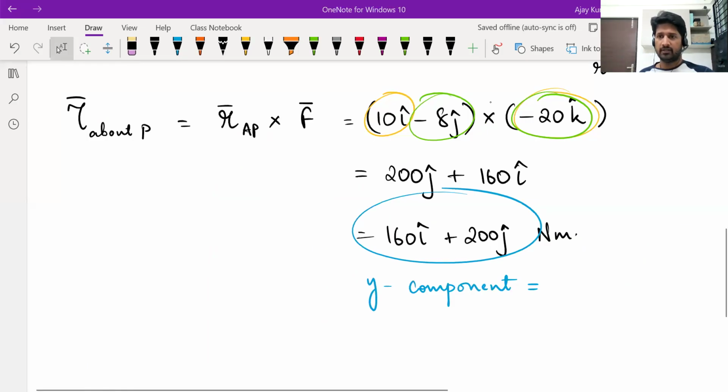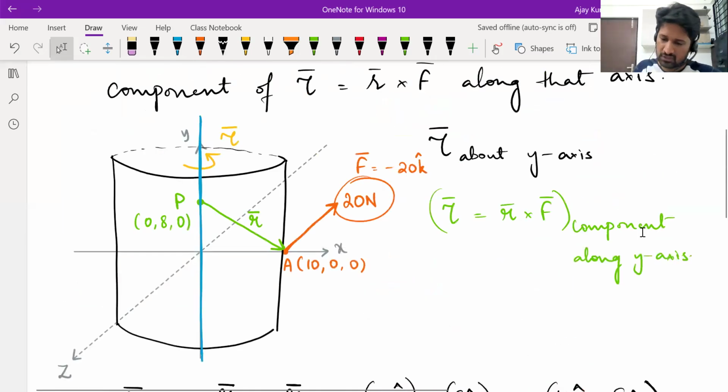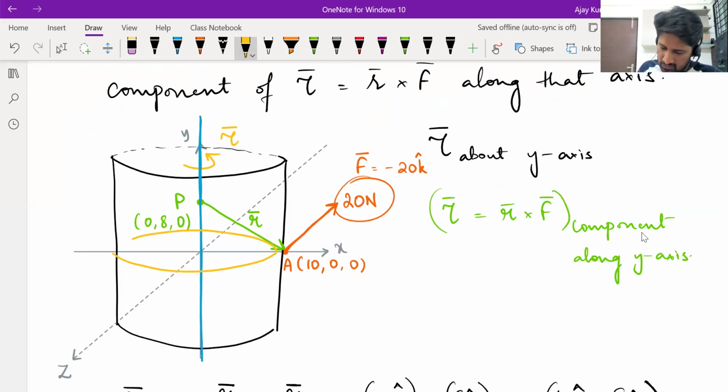What is the y component in it? 200 J cap, sir. So 200 Newton meter is the torque produced by this force about the y-axis. So this force produces that much rotational effect about this axis. That is what it means.